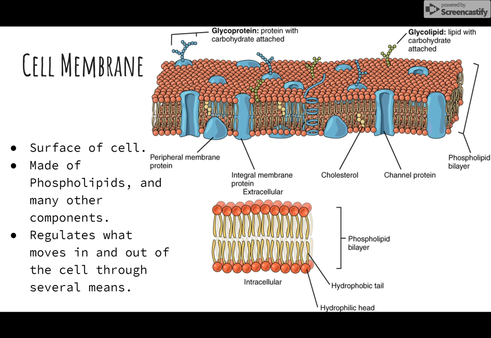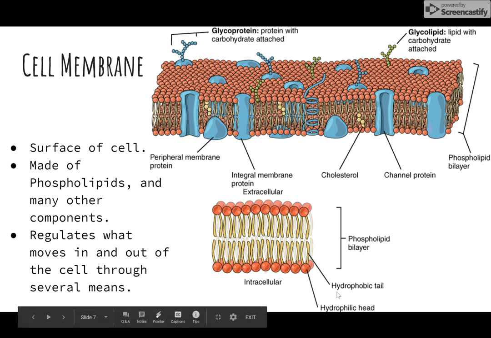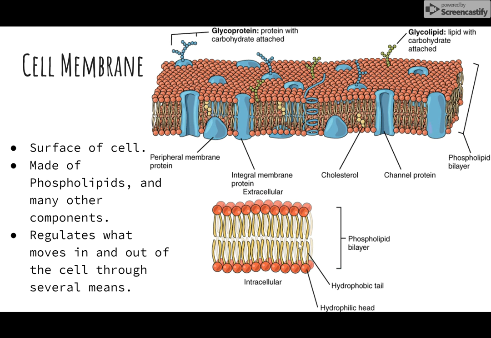The hydrophilic heads can interact with water because they have a polar component. When we say something is hydrophobic, like the tail part of the phospholipid, it means it cannot associate with water.